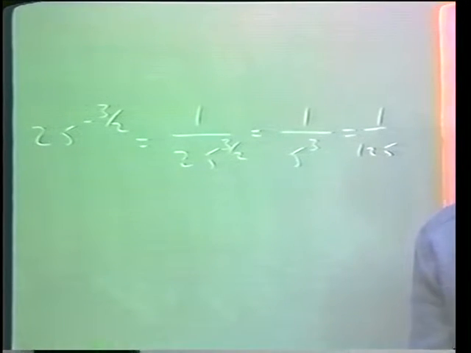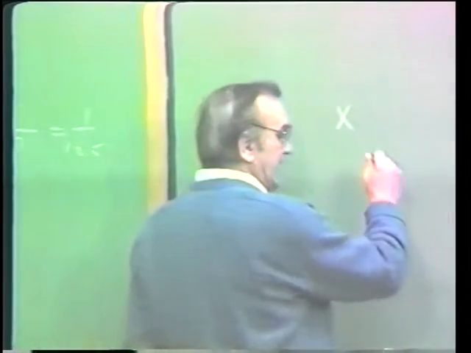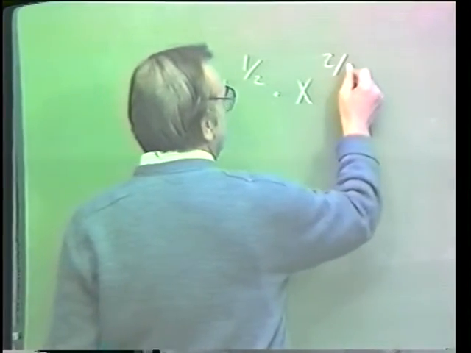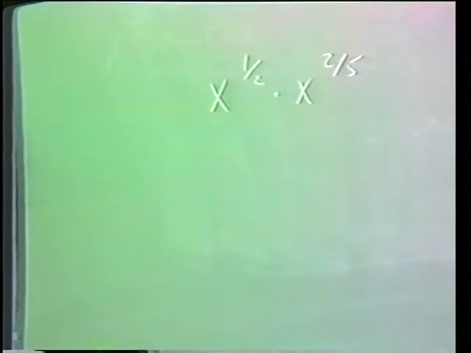Okay, let's suppose I have x to the 1/2 times x to the 2/5.